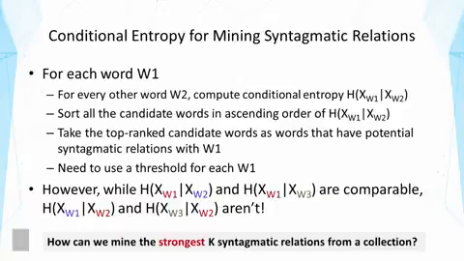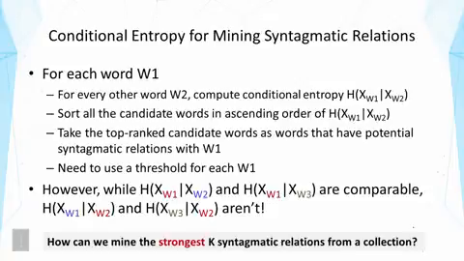The algorithm would look as follows. For each word, W1, we're going to enumerate over all other words, W2, and then we can compute the conditional entropy of W1 given W2. And we sort all the candidate words in ascending order of the conditional entropy because we want to favor a word that has a small entropy, meaning that it helps us predict the target word W1.